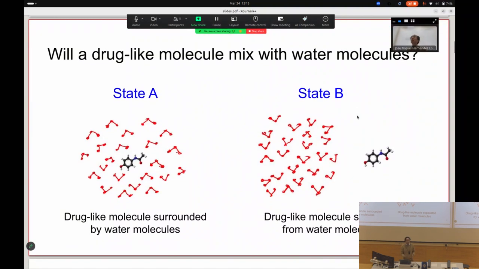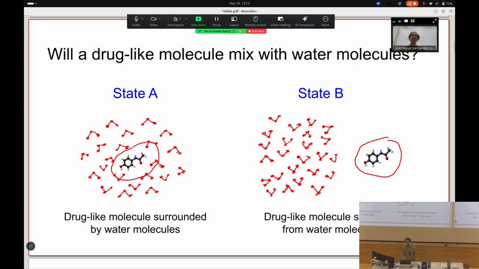So I'm going to start with some motivation for the problems that we want to solve. We are interested in chemistry and in molecules, and to know what's going to happen with molecules in the real world. We may have a new molecule that could be a new drug to treat a disease, and we have our example molecule here.